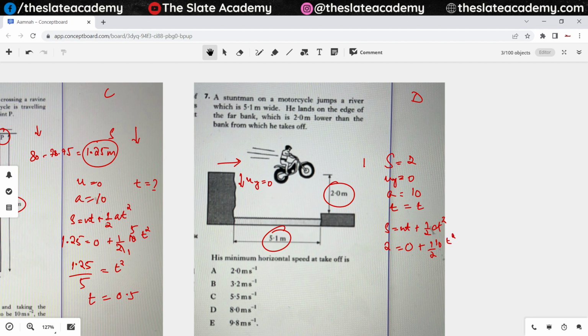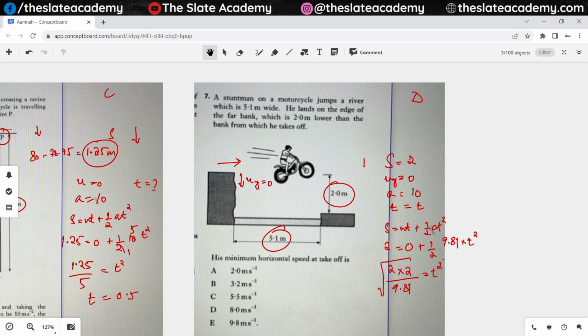I don't know if you take the value of 10 or the value of 9.81. Anyhow, let's do 9.81. 9.81 multiplied by t squared. So it would become 2 into 2 divided by 9.81 is equal to t squared.